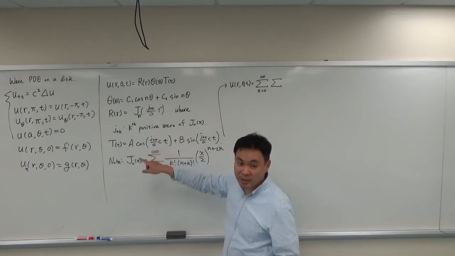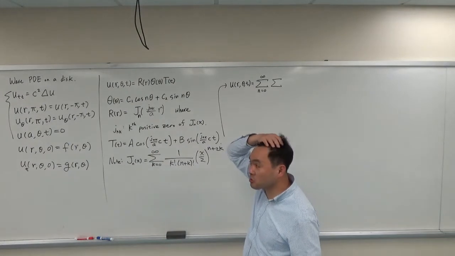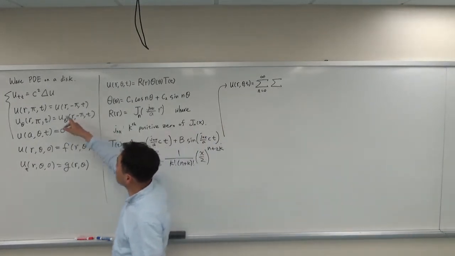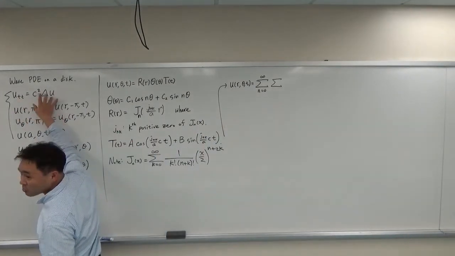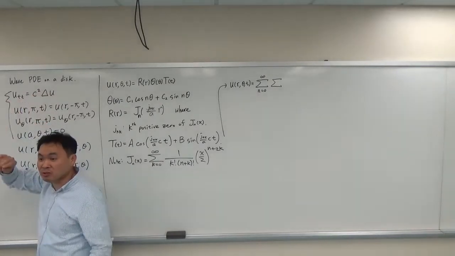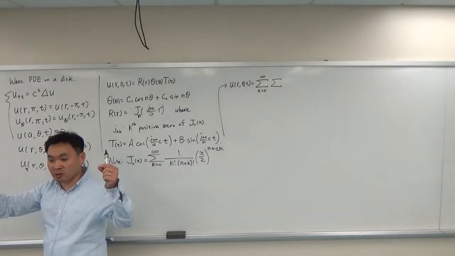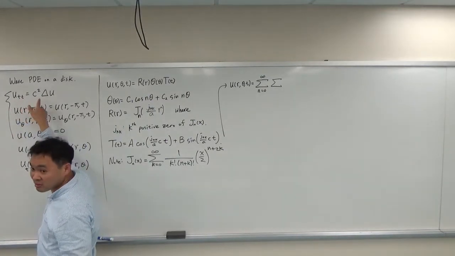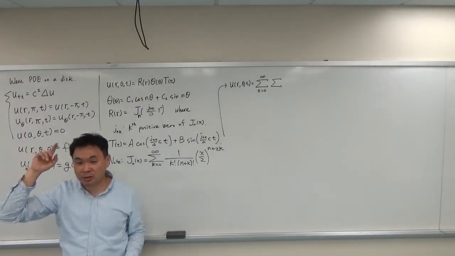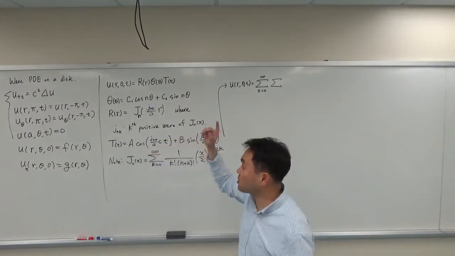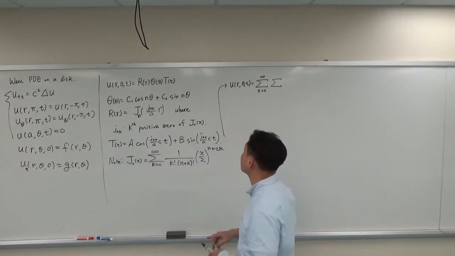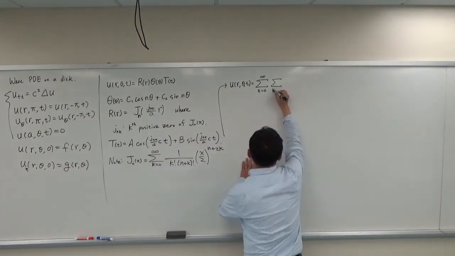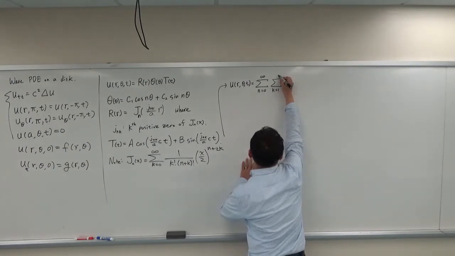You have n and k, and the reason you have a double sum is because this is a two-dimensional wave equation. If you remember, when we did the one-dimensional wave equation for a string vibration, we had u_tt and just u_xx, and that one had a single sum. Now here it's a double sum because we have one dimension higher.